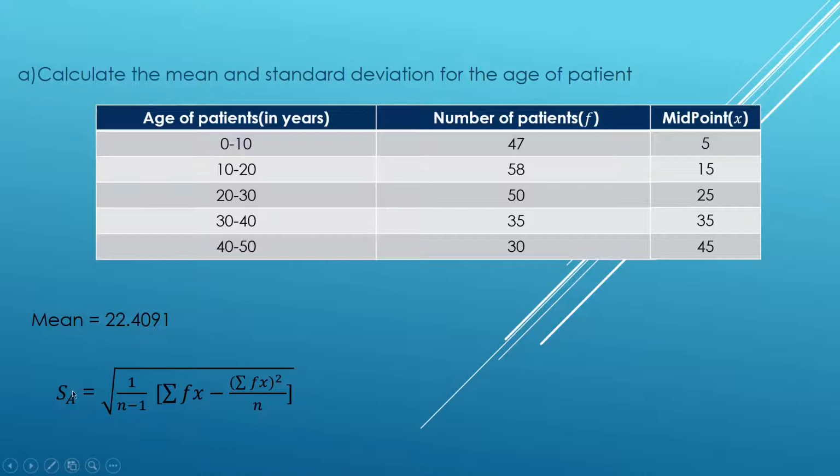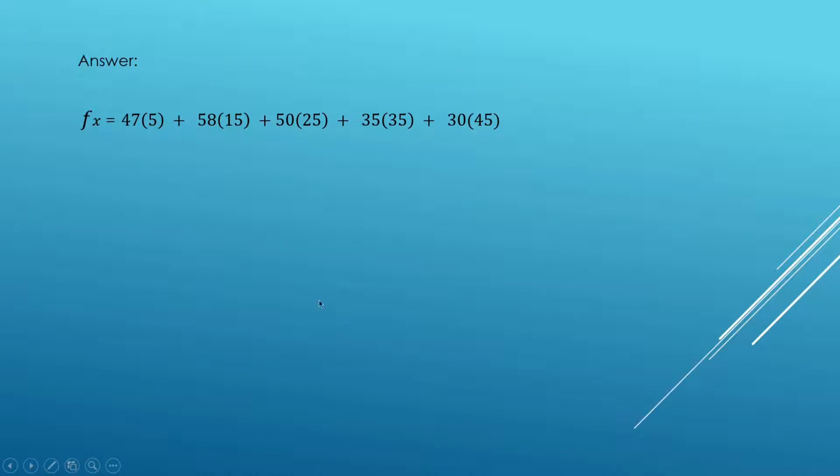So we just follow this formula here. In this formula, we need to find the frequency multiplied with x and frequency multiplied with x squared. We just pick the frequency and the x and multiply them, and we will get the total of this summation, 4930.